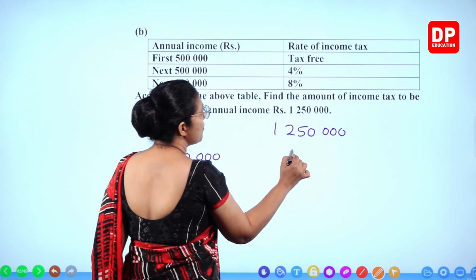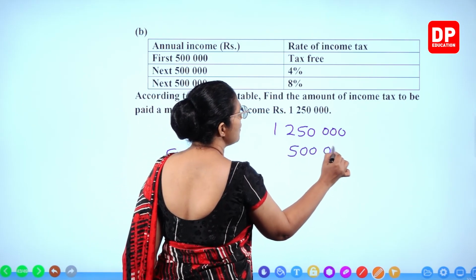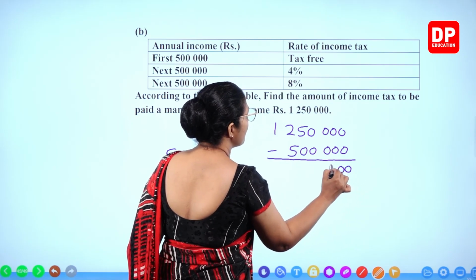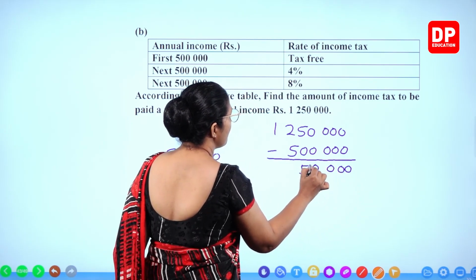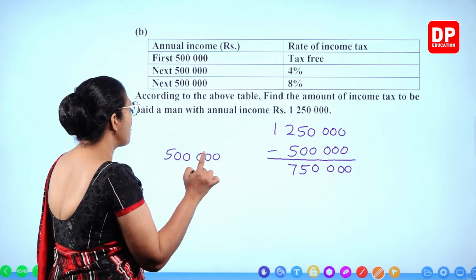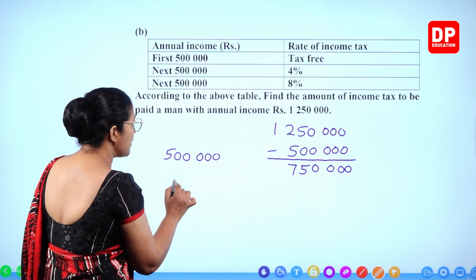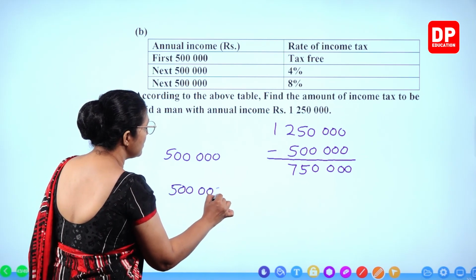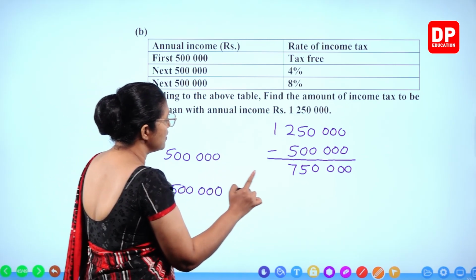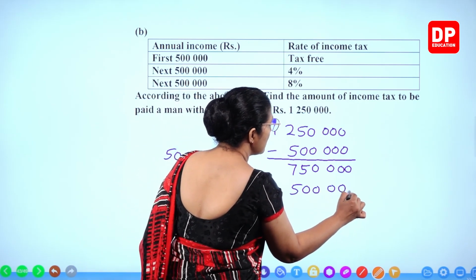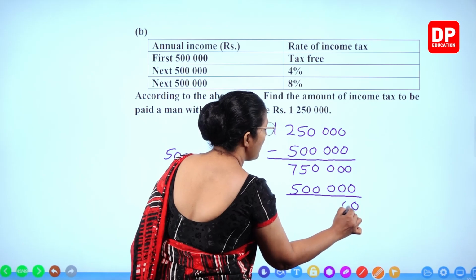So you have to subtract 500,000 from this. That leaves 750,000 rupees. Then for the next 500,000, tax is 4%. So you have to subtract 500,000 from that.